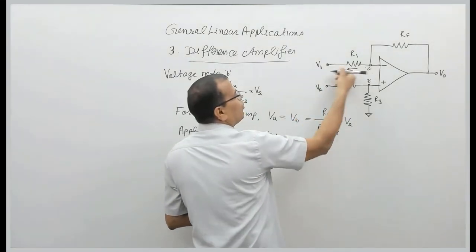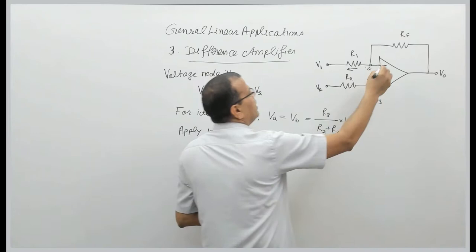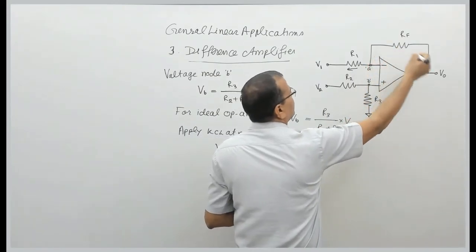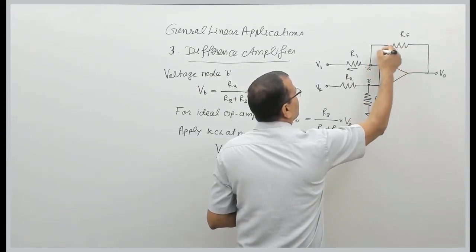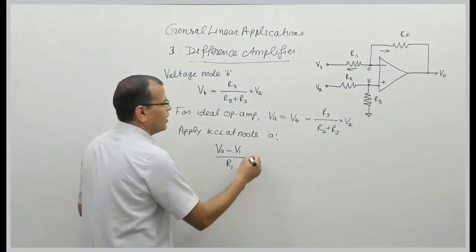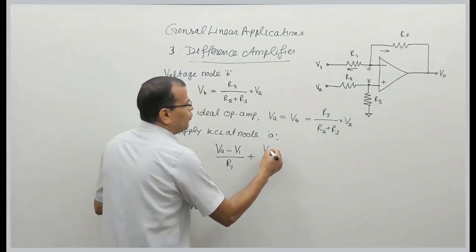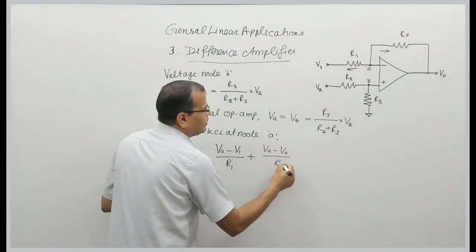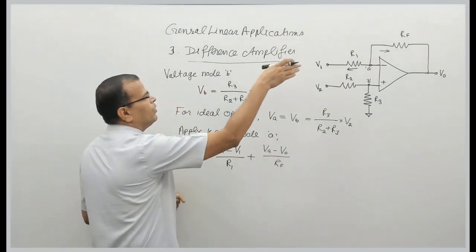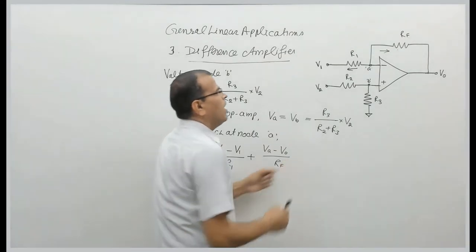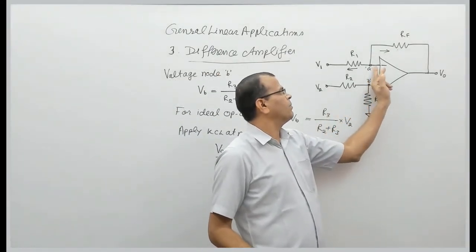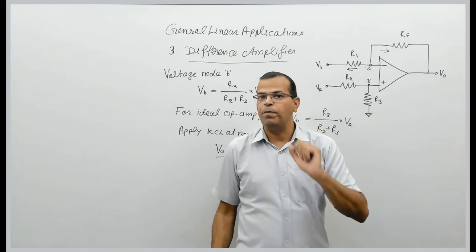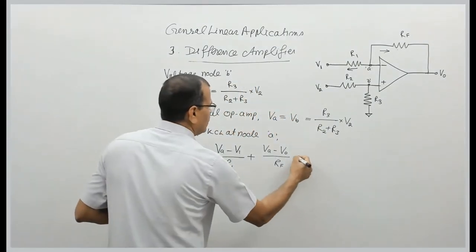This is the outgoing current from node A. Then this voltage minus this voltage divided by this resistance is another outgoing current from node A. So VA minus V0 by RF is the current going towards V0 in resistance RF, and the current entering this terminal is 0 for an ideal op-amp.